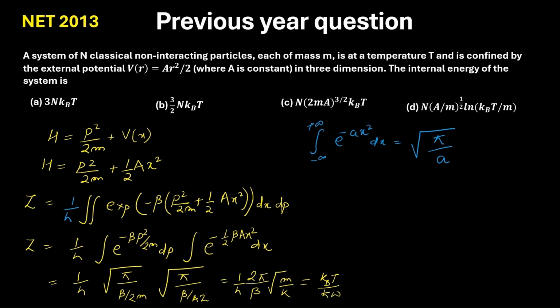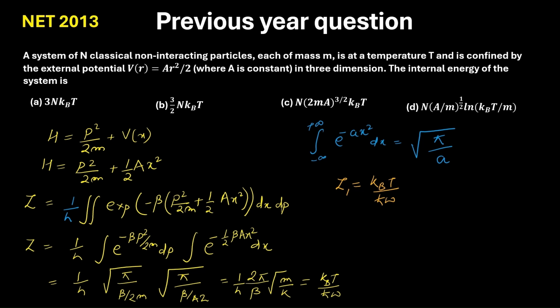So this is a very important formula, because without doing this integration, if you know this formula, you can directly write the partition function for a 1D classical harmonic oscillator as kbt by h bar omega. So this is for 1 dimension.